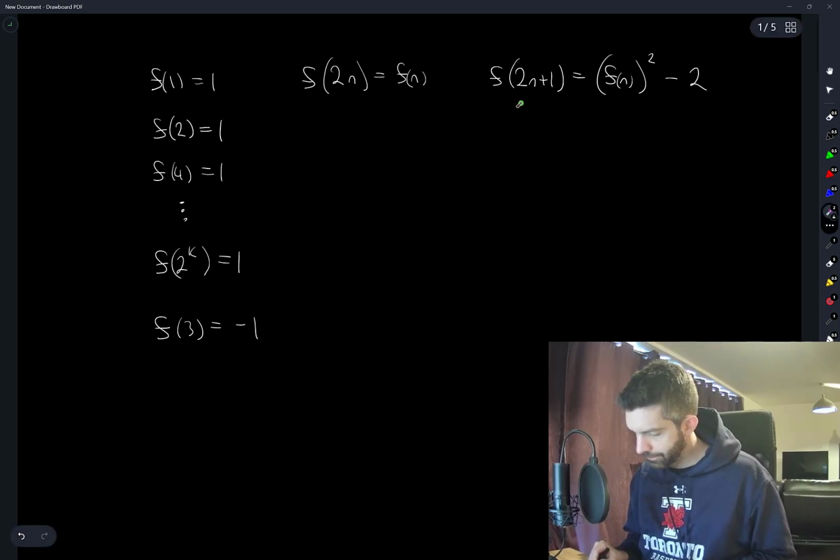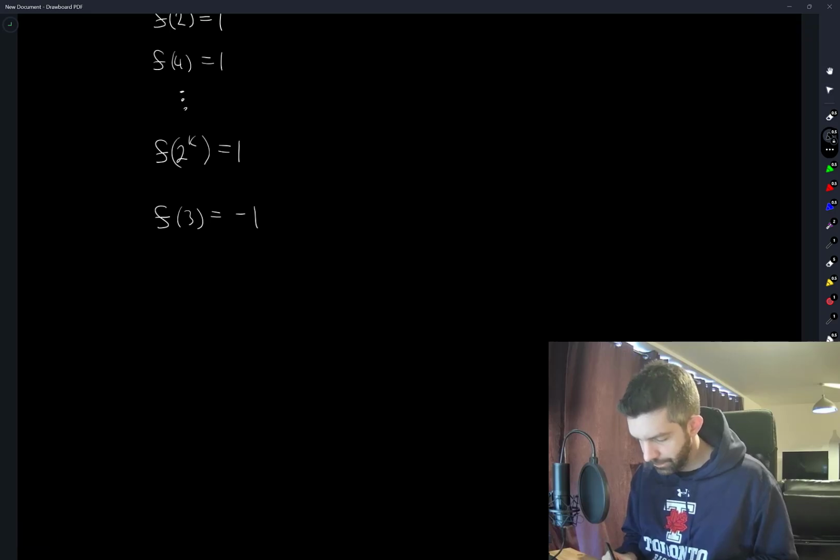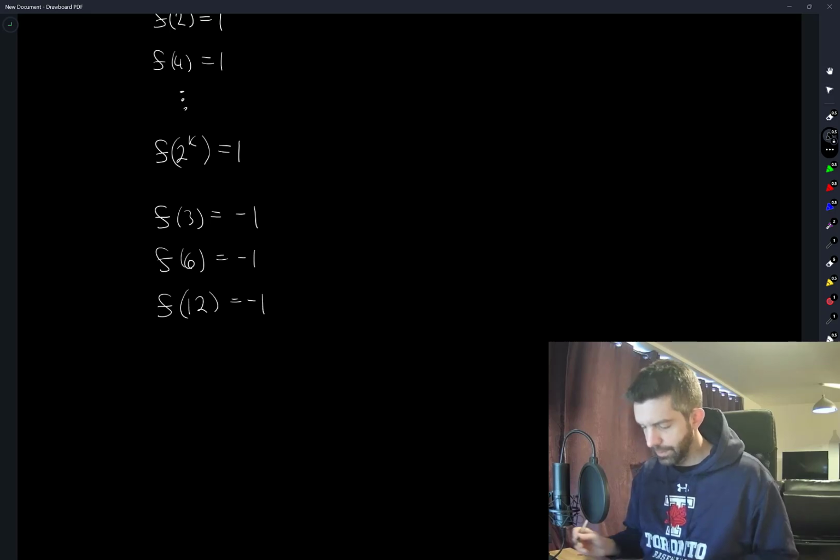Because I just let n equal 1, then I get f of 3. F of 1 is 1, so yeah, negative 1. So this tells me if I multiply this by any power of 2, f of 6 will be equal to negative 1, and f of 12 is equal to negative 1.